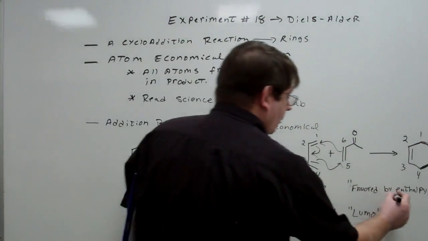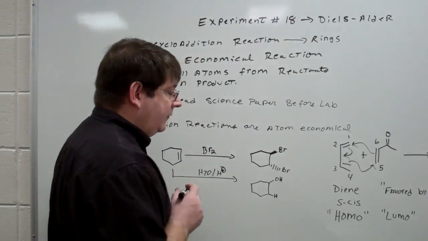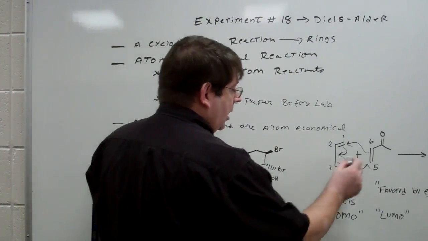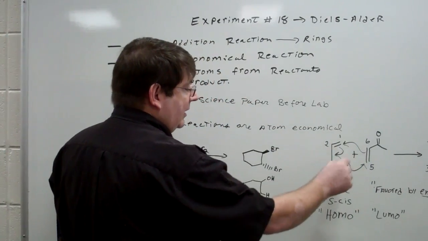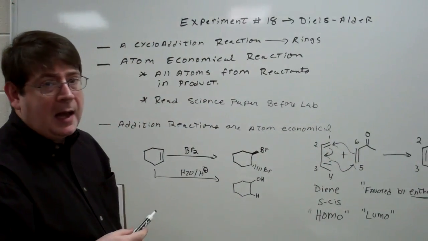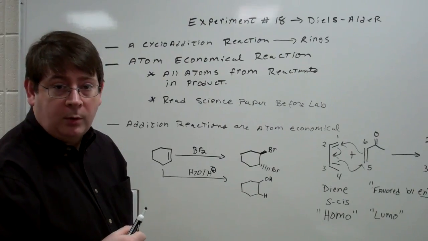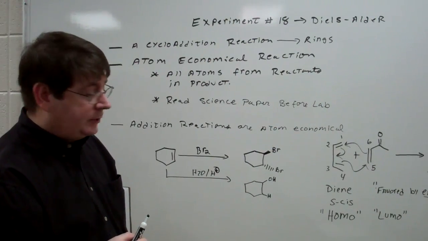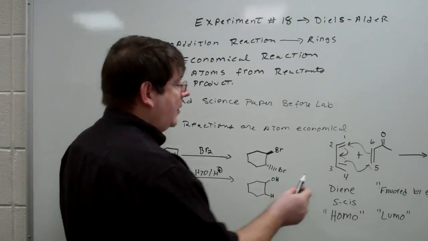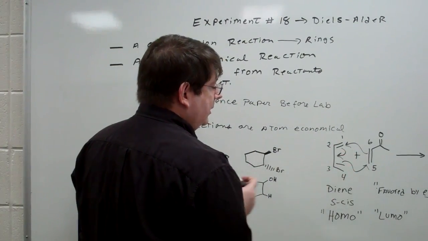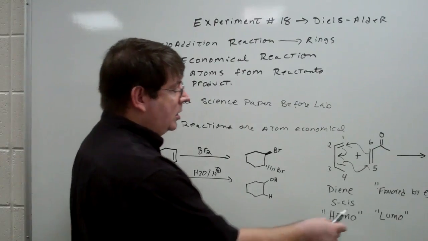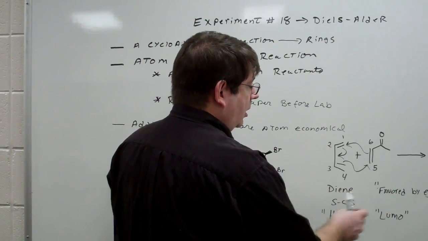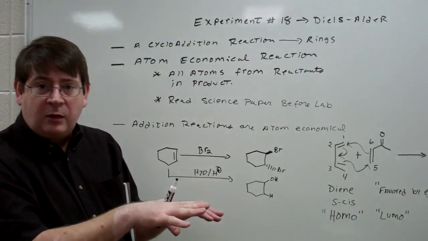It's driven by enthalpy. Also, if you look in your book, you'll note that the reaction actually proceeds not by the arrows that I'm pushing, but by frontier molecular orbital theory, which is what we're covering a little bit in class when we talk about this reaction. And that means that the highest occupied molecular orbital of the diene interacts with the lowest unoccupied molecular orbital of the dienophile, and they come together to form the product.